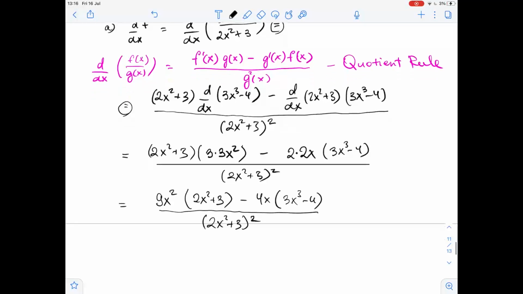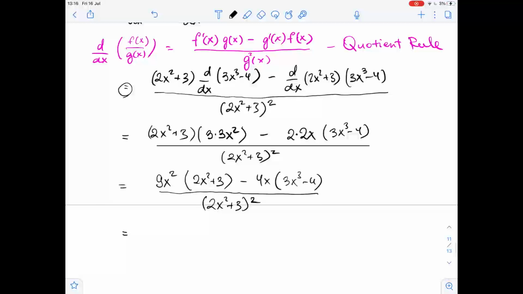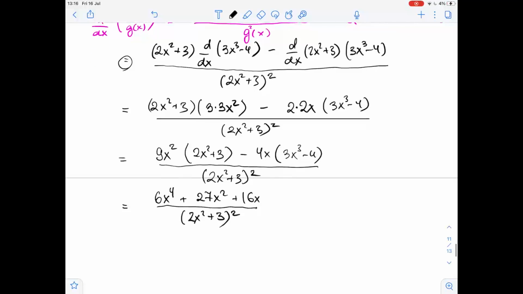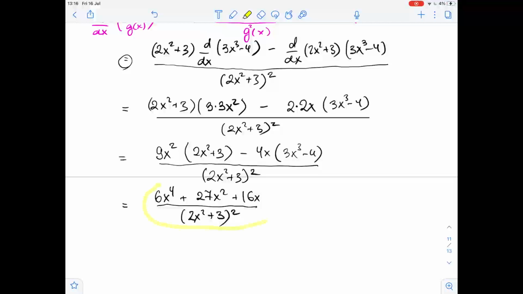So if we simplify this, we get that this equals 6x to the fourth power plus 27x squared plus 16x over 2x squared plus 3 squared. So this is our answer in part A.